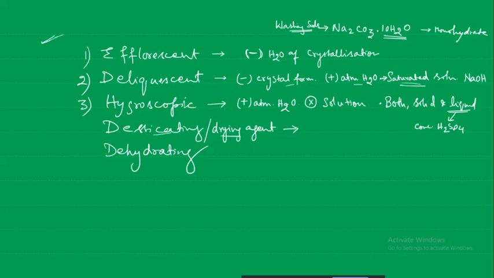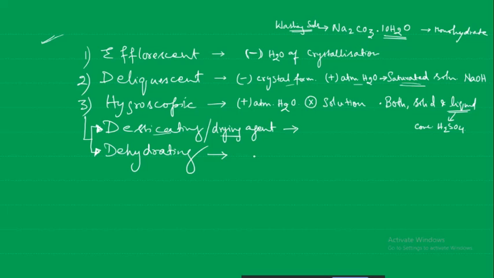It will take up the moisture. It has such a high property of absorbing moisture that we are using it as a dehydrating agent. A dehydrating agent removes water, even from a chemical substance.